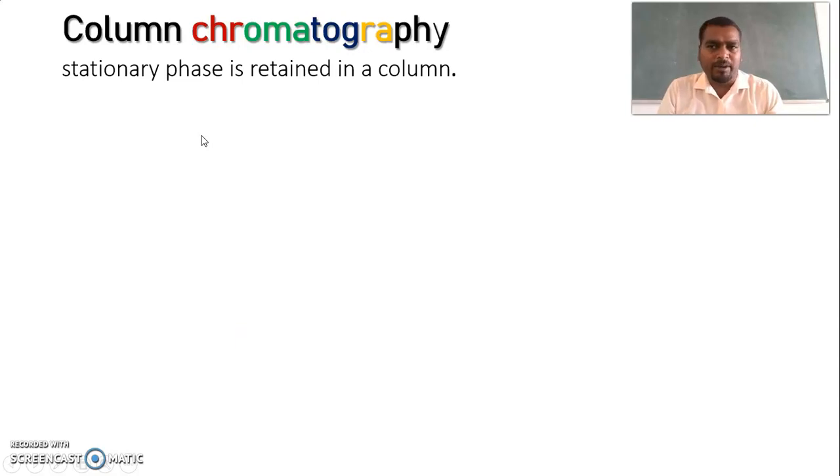In column chromatography, this is a basic form of chromatography in which the stationary phase is settled and retained in the column. The stationary phase is a solid, a porous material. It allows the passage of material through it.